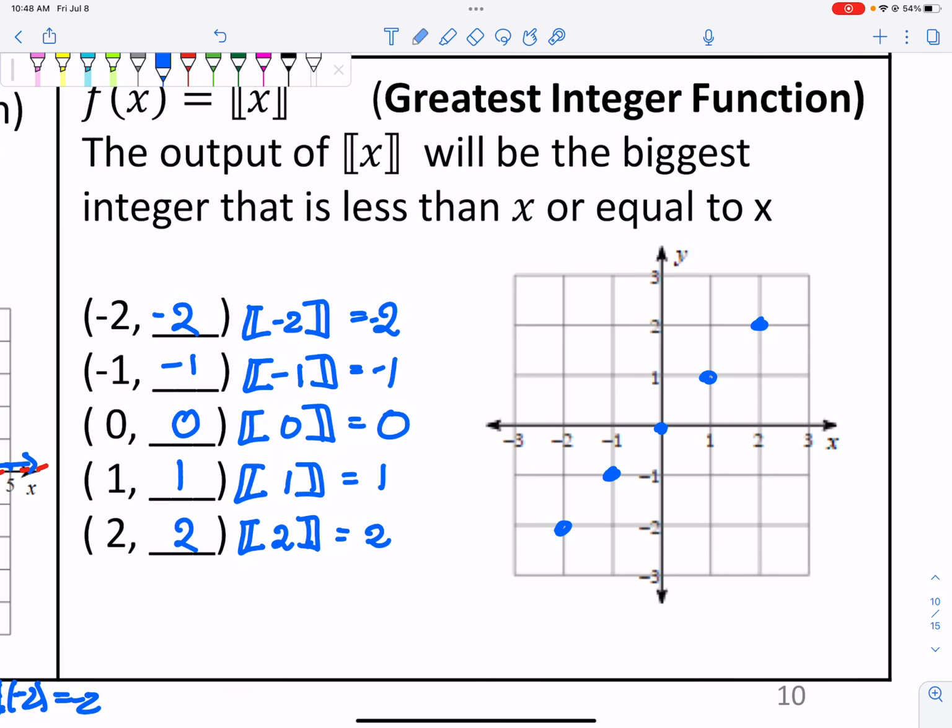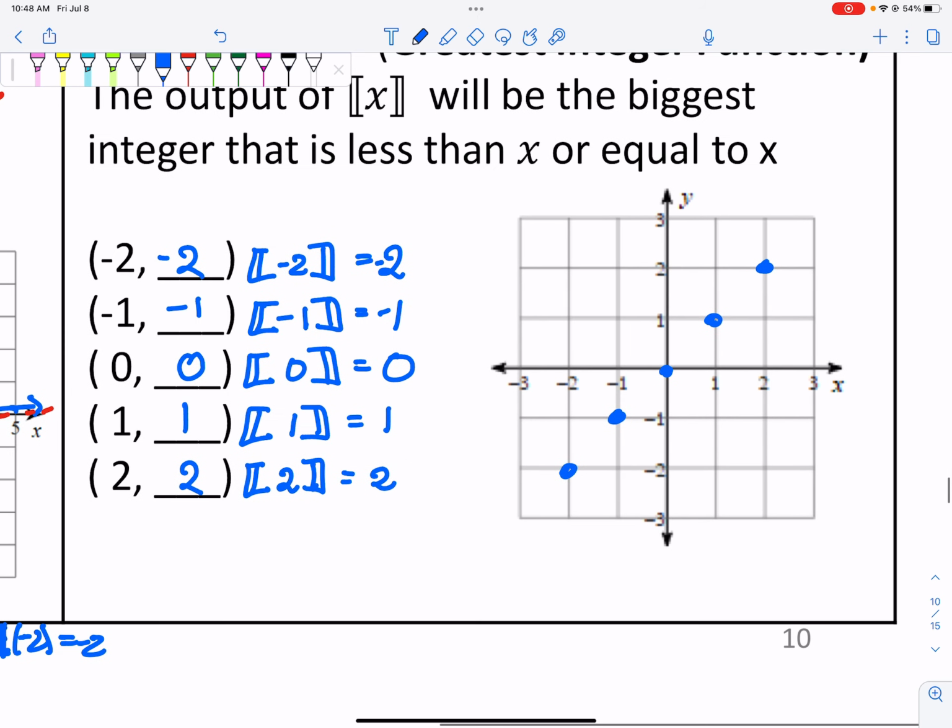Now, if we were to pick a 0.5 for x, what is the biggest integer, the closest integer to 0.5, but it can't be greater than 0.5?